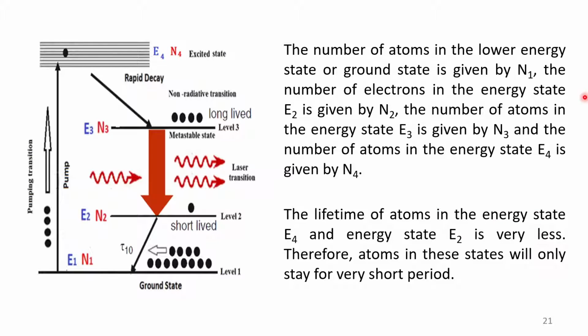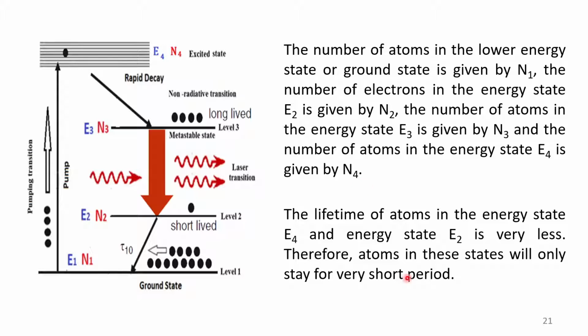The number of atoms in the ground state is given by N1. The number of atoms in the energy state E2 is given by N2. The number of atoms in the energy state E3 is given by N3, and the number of atoms in the energy state E4 is given by N4.